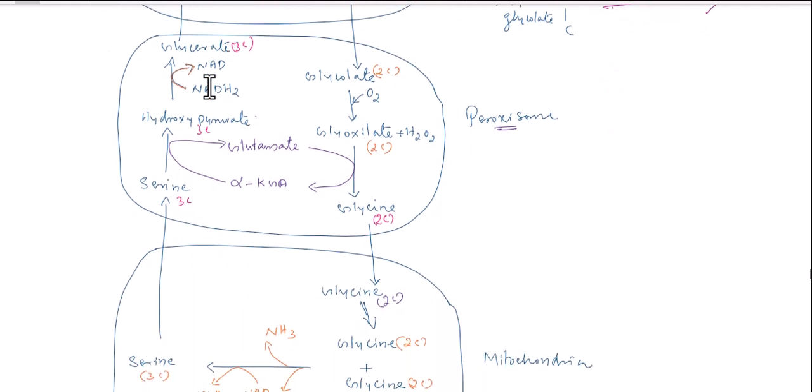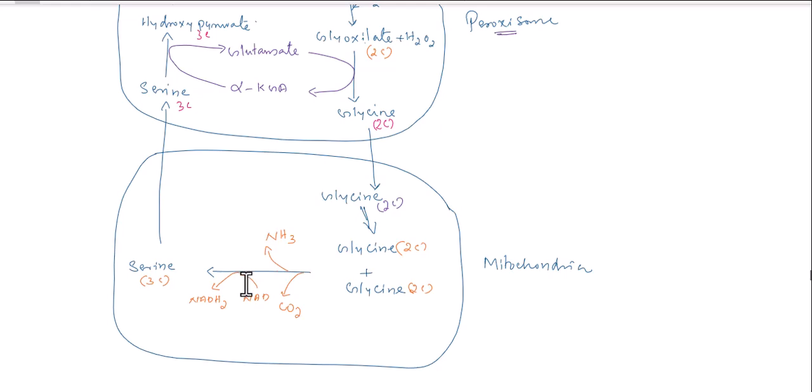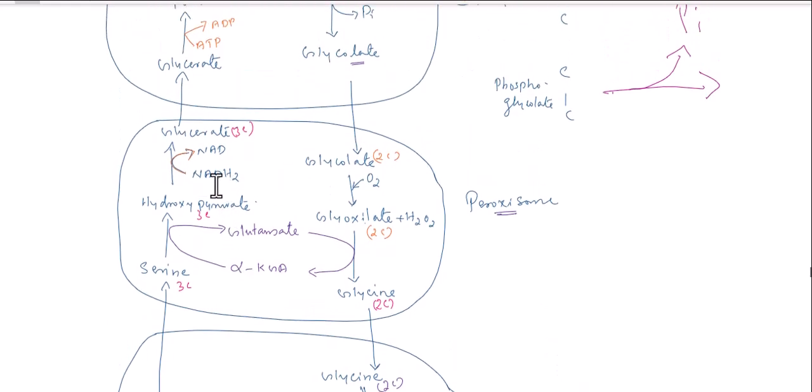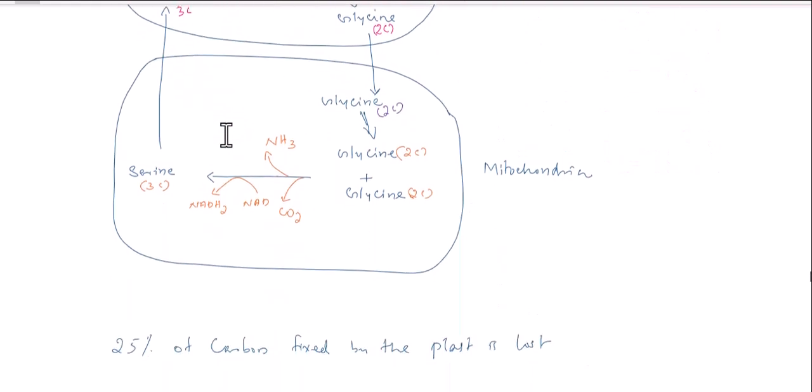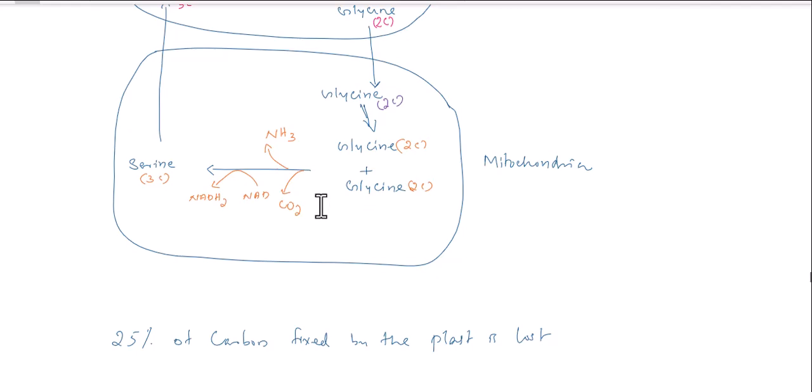One NADH2 is produced, and one NADH2 is consumed in this reaction, so net zero change. One ATP is lost, and one carbon dioxide is removed. Instead of fixing carbon dioxide, one carbon dioxide is removed.